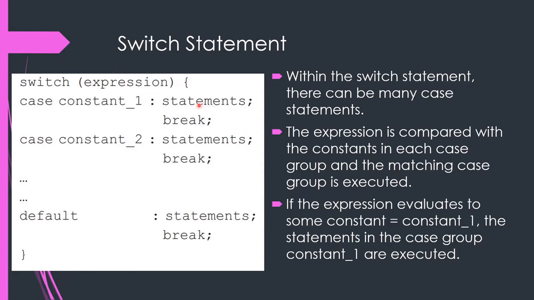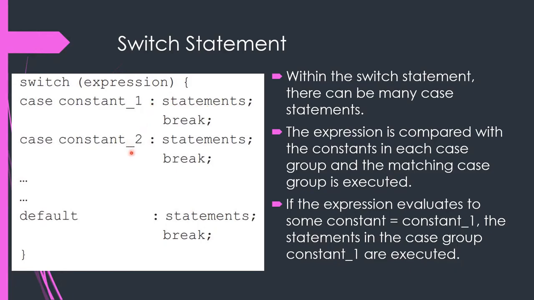So as I just told, this expression has many possible values, and these possible values are all the values which are provided after the case. Whichever value is matched with this expression, its block of code is executed. Suppose the constant 1 is matching with the expression, then the statements of case 1 will be executed.